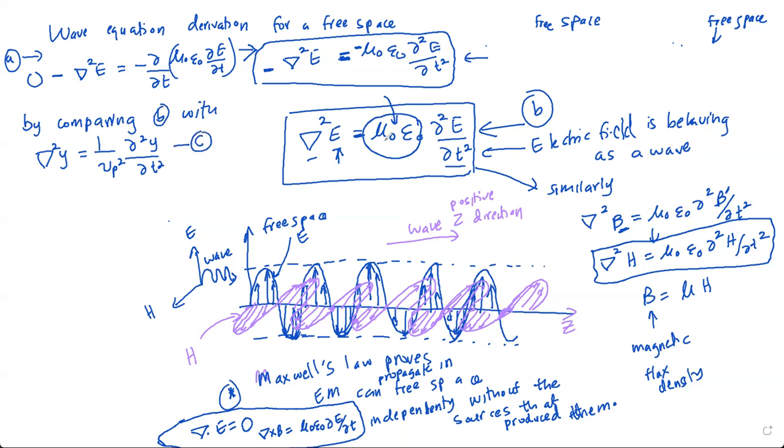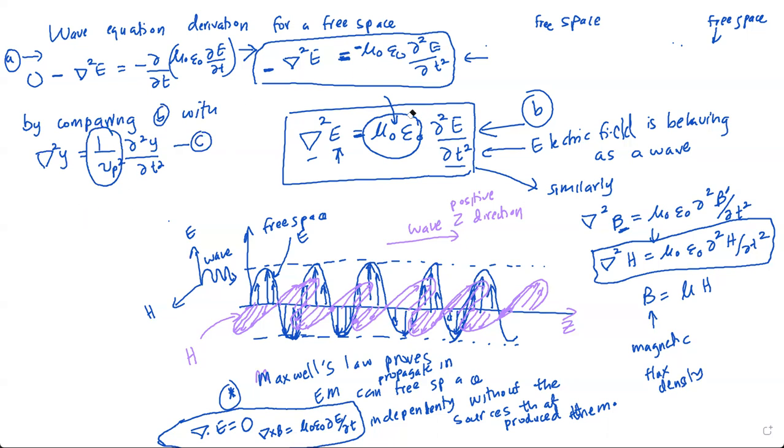right? By comparing the equations B and C, I can relate these two parameters that are constants in these two equations. I can relate these two parameters as velocities in the wave, right? So mu naught epsilon naught is 1 over the velocity of the electromagnetic wave.